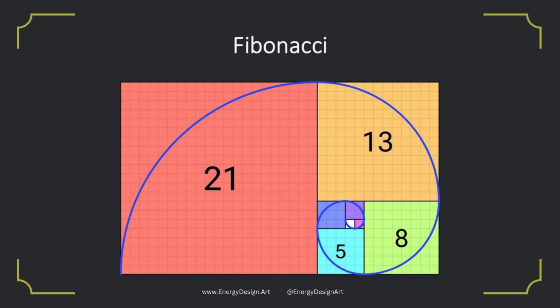So it starts with 1, then 2, then 3, then 5, then 8, then 13, and then 21. Each next step is a result of adding two previous ones. And then we draw part of the circle that connects two opposite angles.